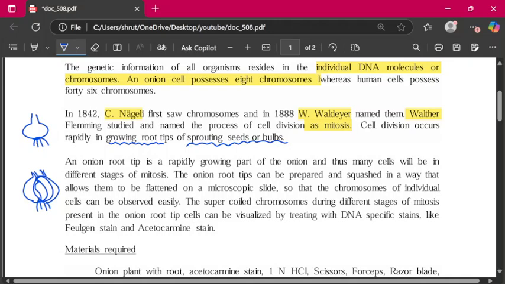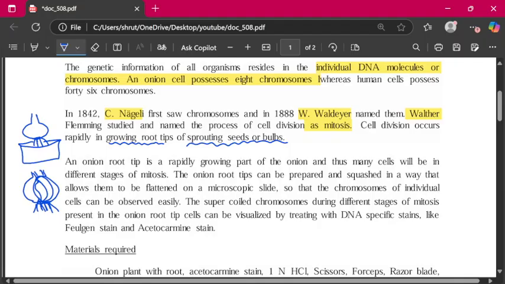When you place these bulbs on a glass beaker or any container for sprouting, then you will notice numerous growth of root tips from this region.